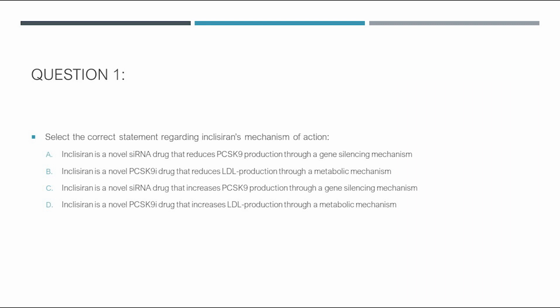It is a novel PCSK9 inhibitor that reduces LDL production through a metabolic mechanism? Is it a novel siRNA drug that increases PCSK9 production through a gene silencing mechanism? Is it a novel PCSK9 inhibitor drug that increases LDL production through a metabolic mechanism? And the answer is C. So it reduces PCSK9 production through a gene silencing mechanism.